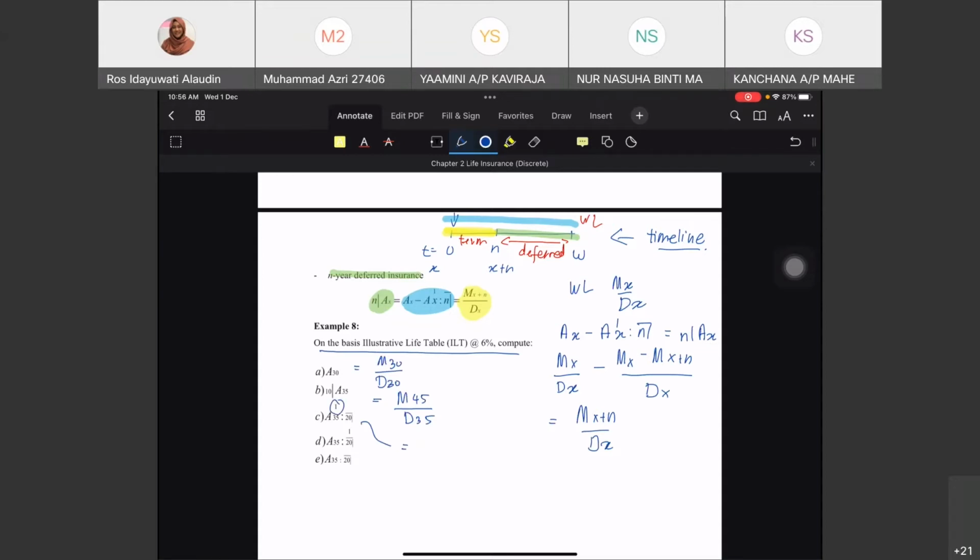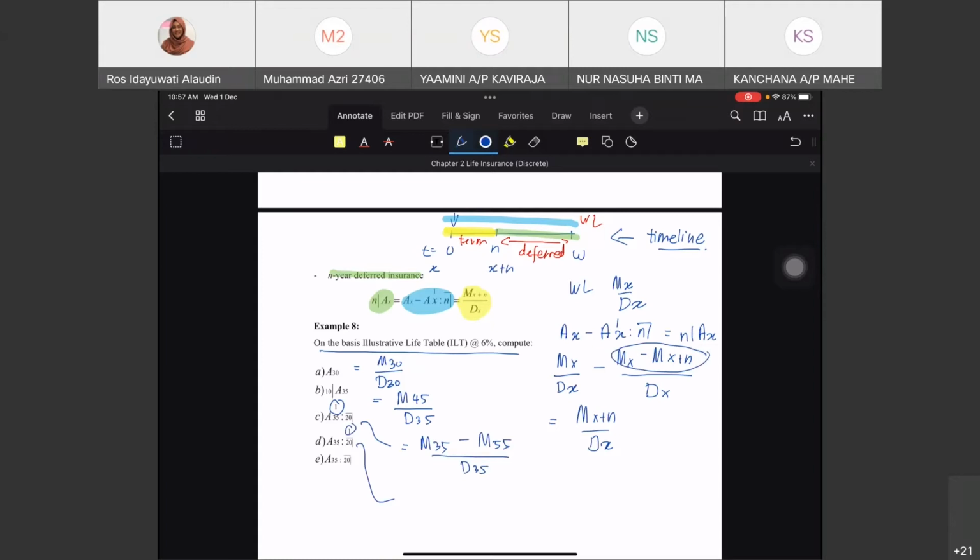The third one is term insurance. So for term insurance, we have the limitation like this: M35 minus M55 over D35. This is for pure endowment because there is a 1 on top of n.